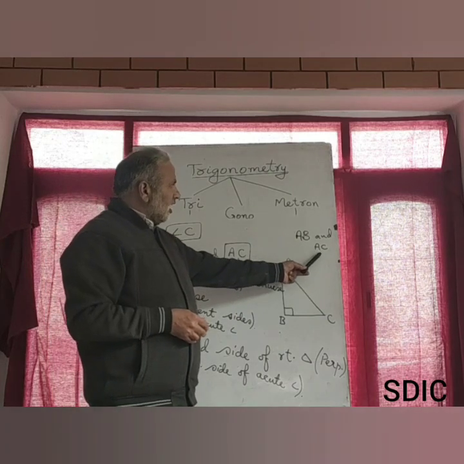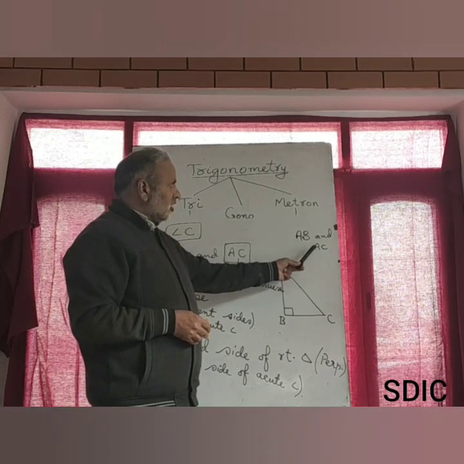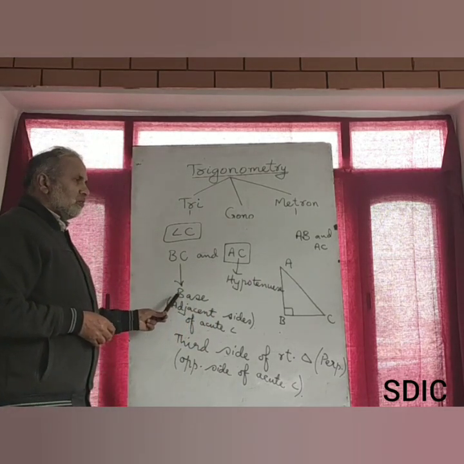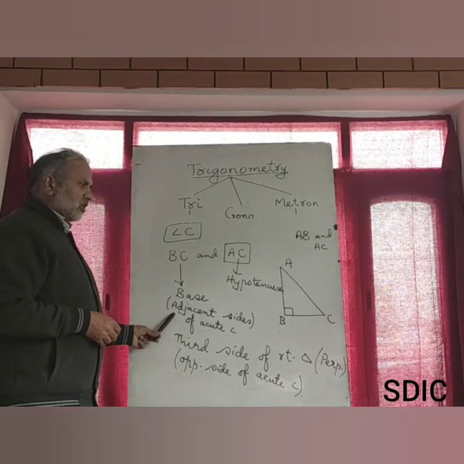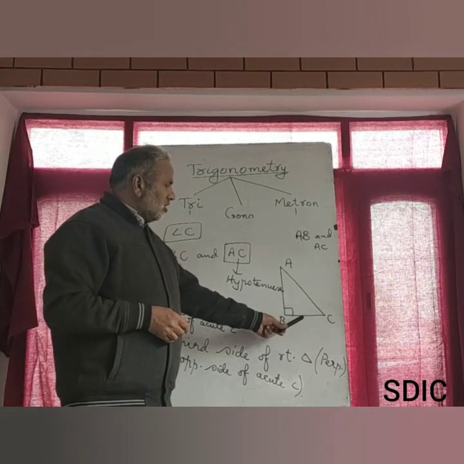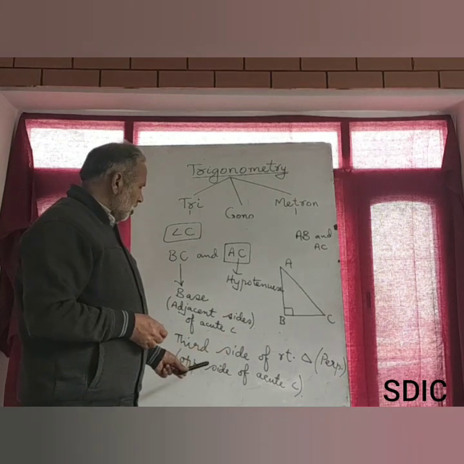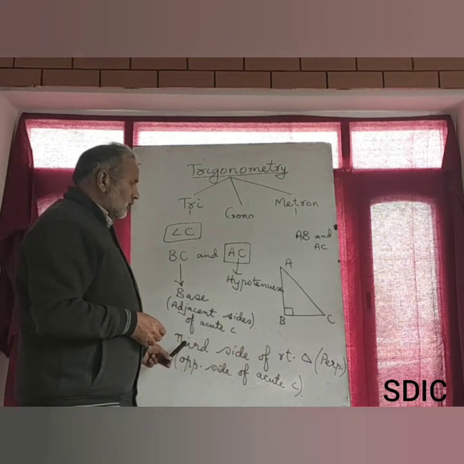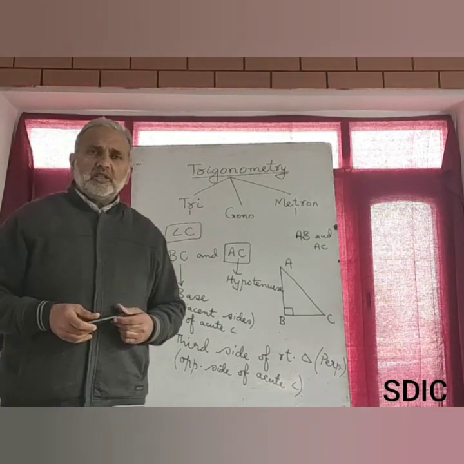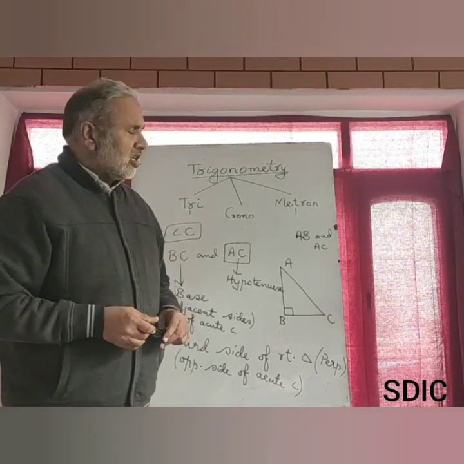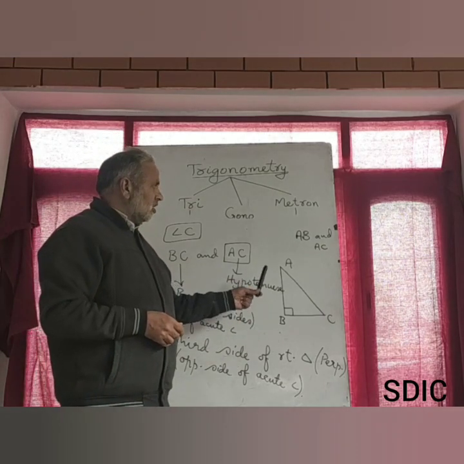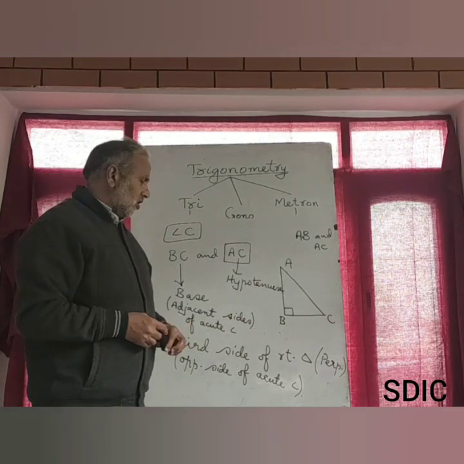And then which side is left here? It is AB, and this AB then will be called as the base, being the adjacent side of acute angle. Whereas BC will then become the perpendicular, being the third side of the right triangle. So remember, therefore, with the change in the acute angle of the right triangle, the base and the perpendicular will always change.